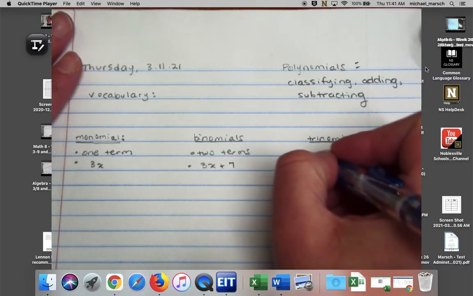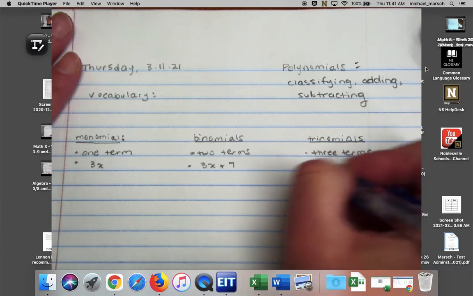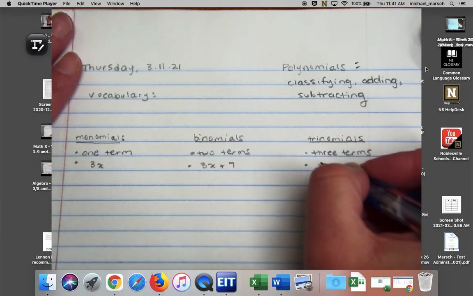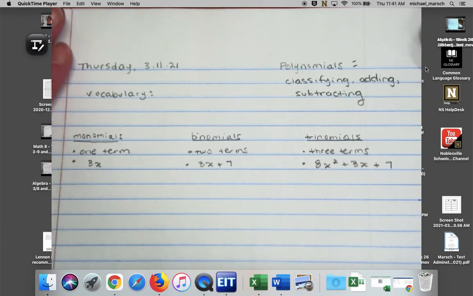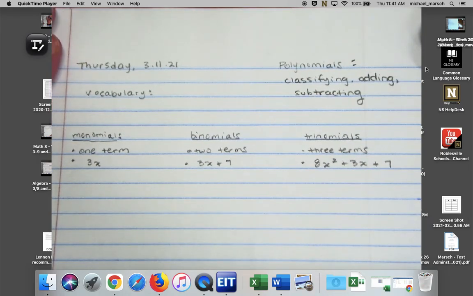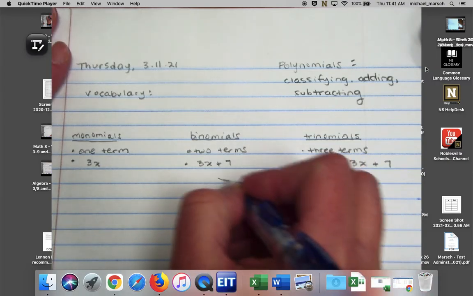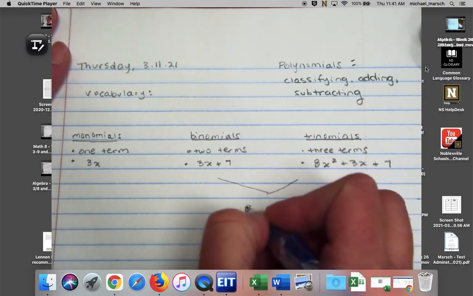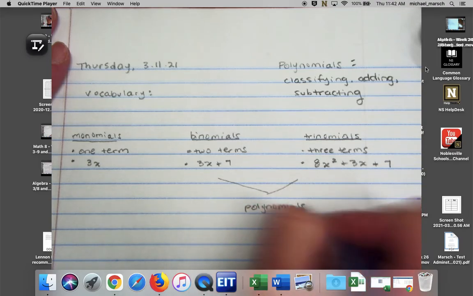And then trinomials are 3 terms, right? And this is where we might get some x squareds in here. So maybe we have 8x squared plus 3x plus 7. And so binomials and trinomials can also be considered polynomials, which is usually what you'll hear.